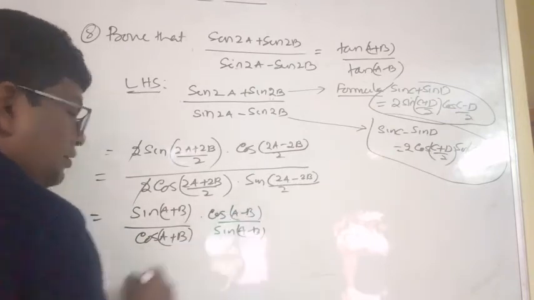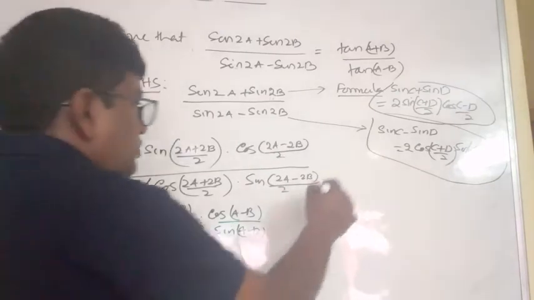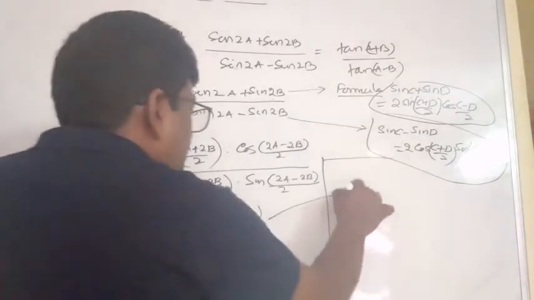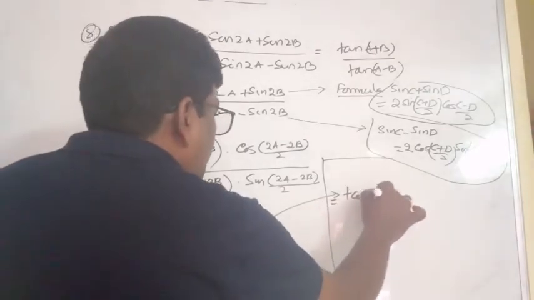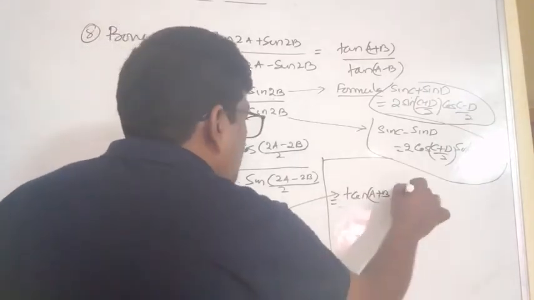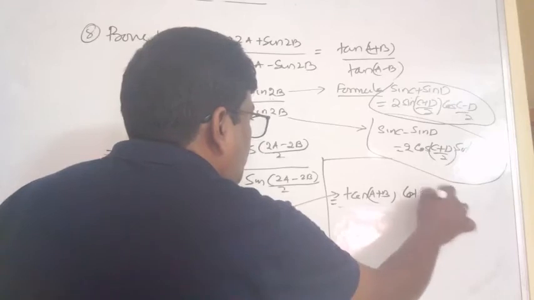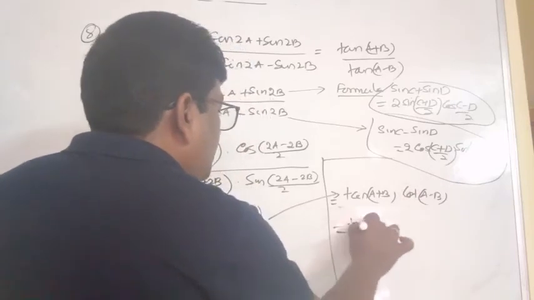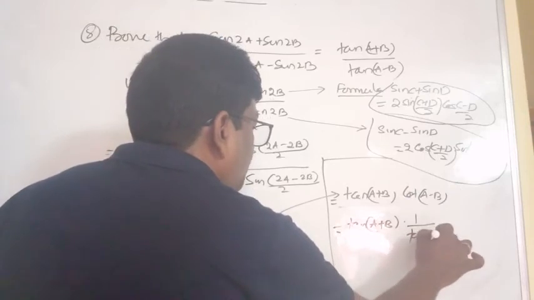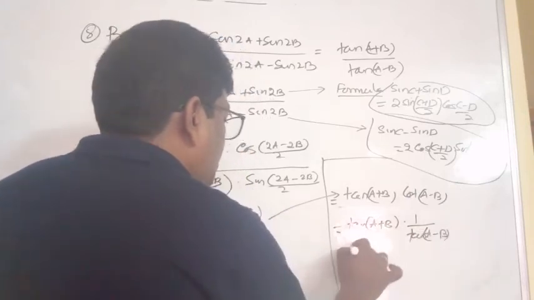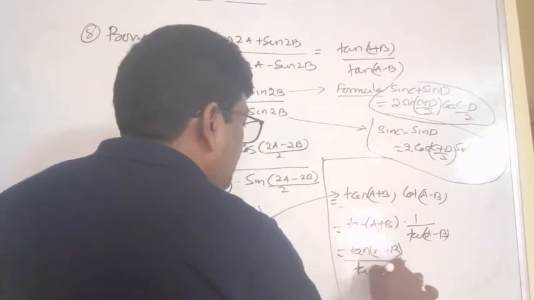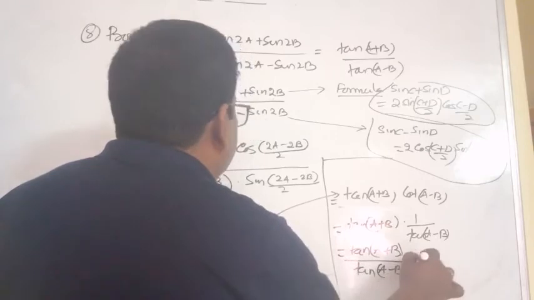This is equal to tan(a plus b) into cot(a minus b). So this is equal to tan(a plus b) times 1 by tan(a minus b), which is tan(a plus b) by tan(a minus b). This is RHS.